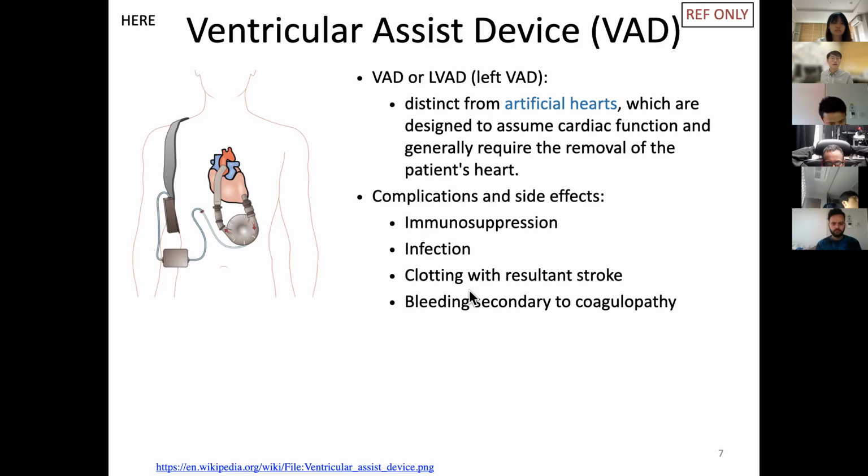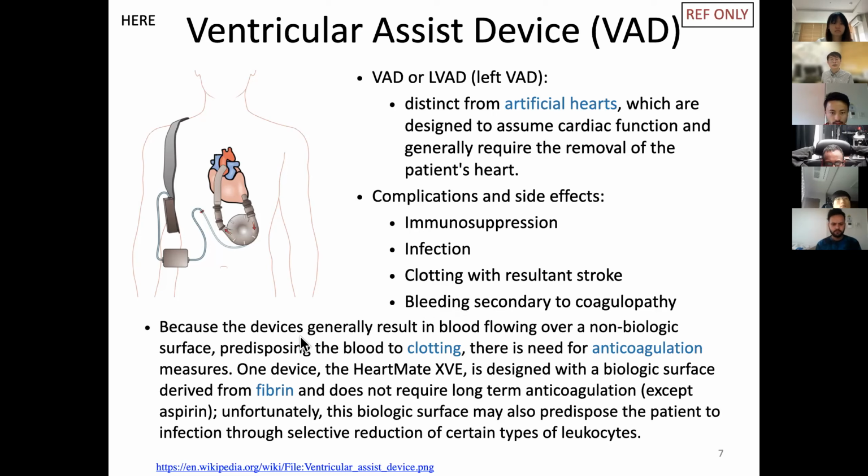And of course, whenever there's a coagulation issue, for example patients taking aspirin may not clot very well, then there's a risk of bleeding secondary to coagulopathy. So these are very important before performing this surgery.